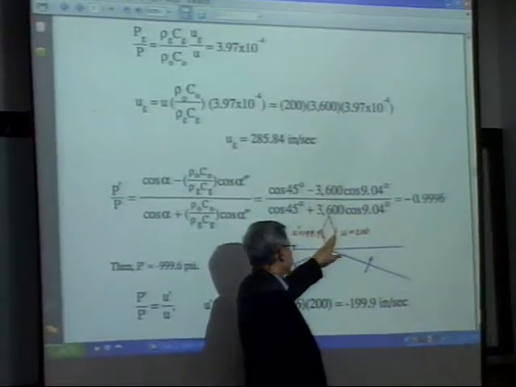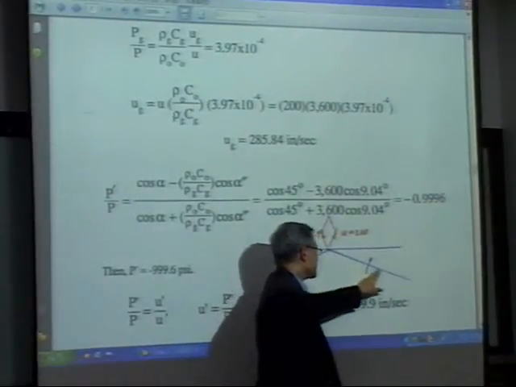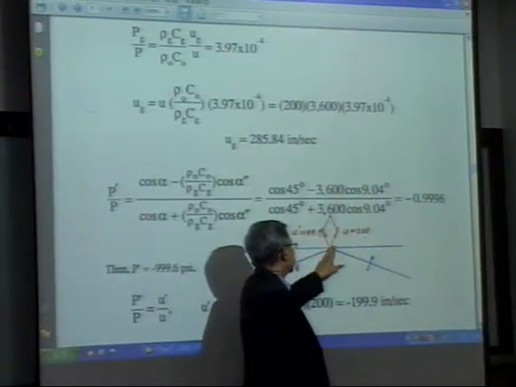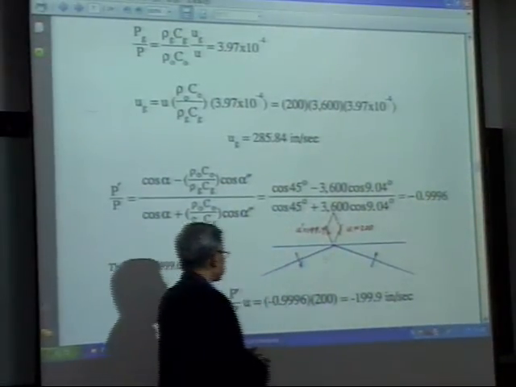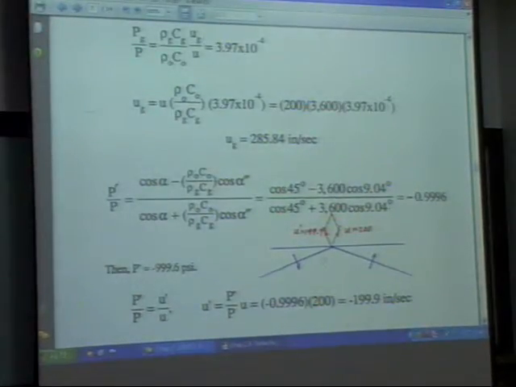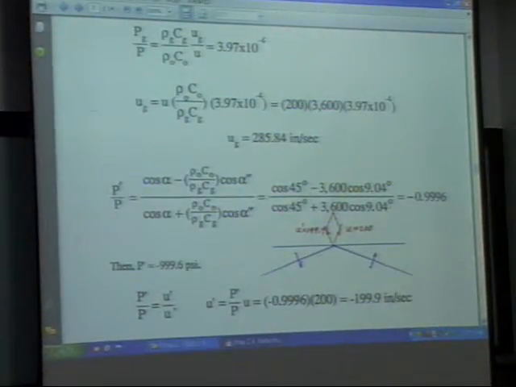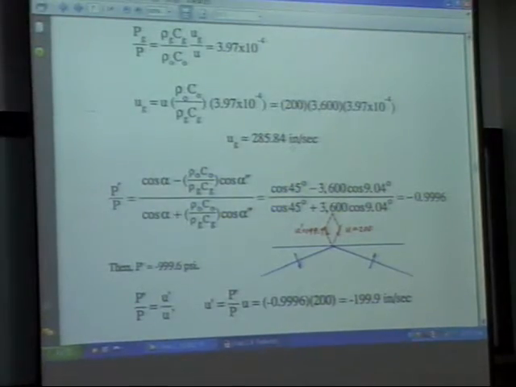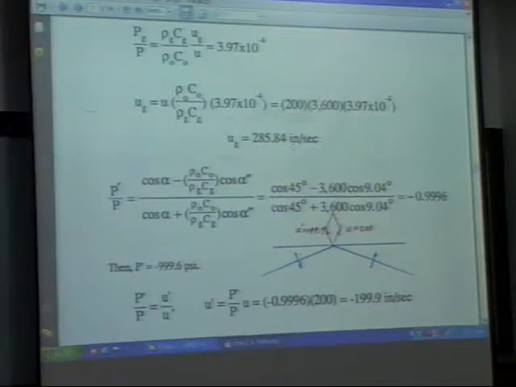This is the same direction as the incident wave. When you add these two together, you will get the resultant, but the resultant is going to be the same as UG. So UG is up there, 285. You compute it there.